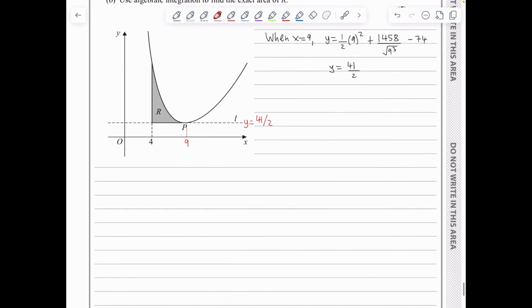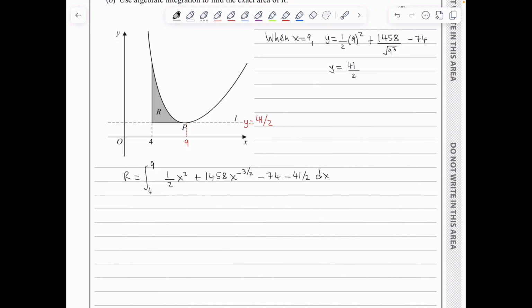This means that I can find R by integration. R is the area enclosed above by the curve, below by the straight line, and the limits are 4 and 9. So R is the integral from 4 up to 9 of a half x squared plus 1,458 x to the minus 3 over 2 minus 74 minus 41 over 2 dx.